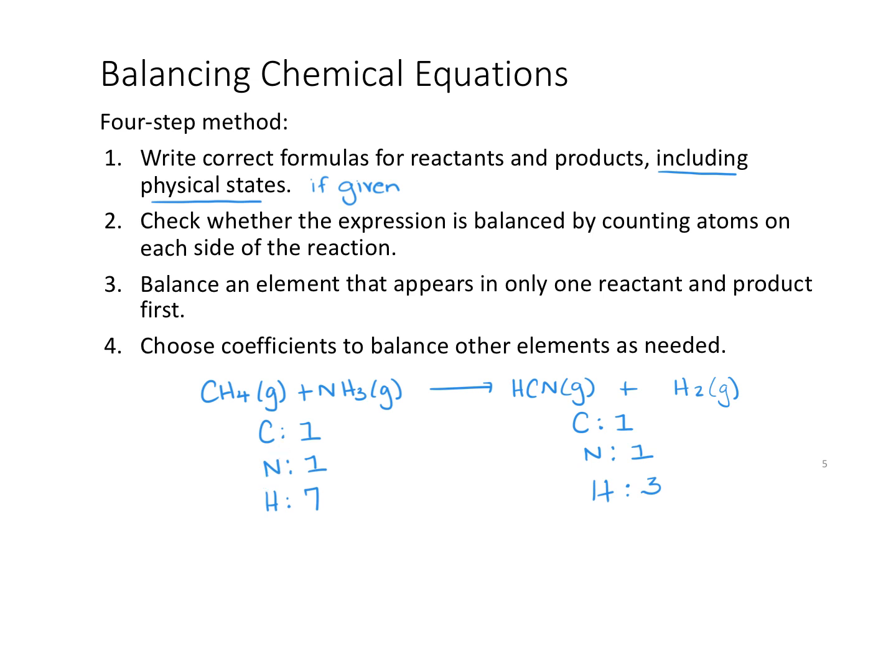Other tips and tricks that are helpful when we balance chemical reactions, my suggestions are leave hydrogen and oxygen last. A lot of times these just are in multiple elements, and so it's really helpful to leave those to last anyway.